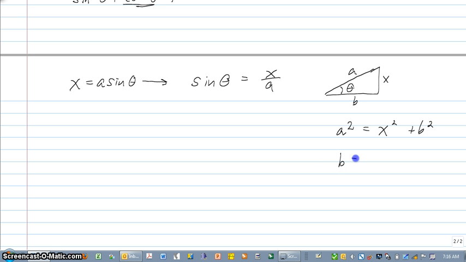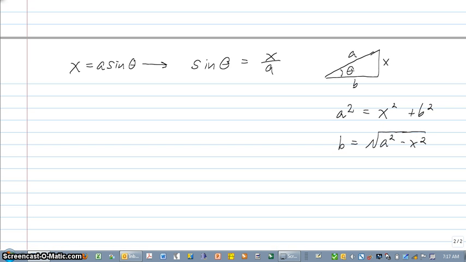So solving for b, you would get the square root of a squared minus x squared. So with that, we could get that the cosine of theta is b over a. So that would be this expression over a.